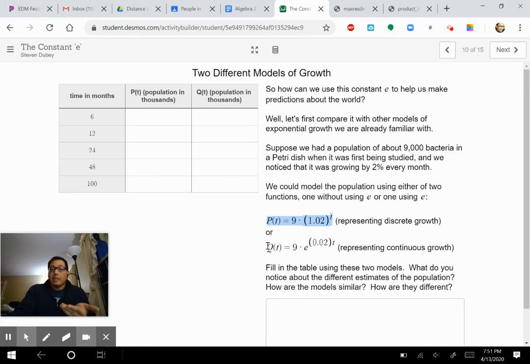Or we could use this model with e in it now. 9 times e to the 0.02t. And this represents continuous growth by 2%. So the question is, how are these 2 models similar? Remember, this with e in it just means that it's happening at every instant of time. There's some small amount of growth.